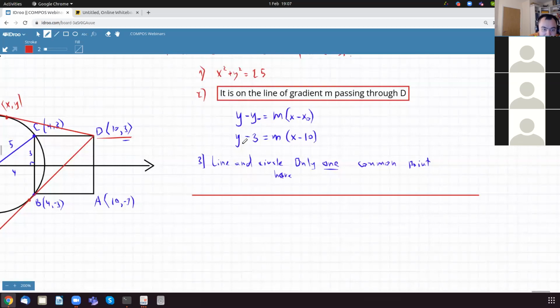So from here, I can write that y is equal to mx minus 10m plus 3, or I could write it as mx plus 3 minus 10m.